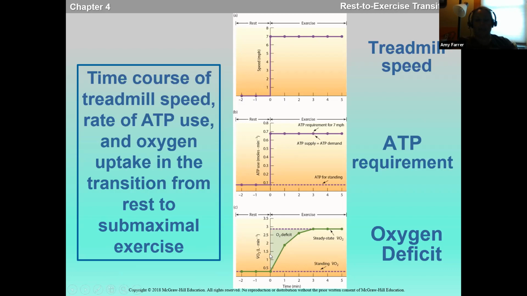There's going to be a lag here, and that's that oxygen deficit where it increases, but until we hit that steady state, a couple minutes into the activity, there's going to be that grayed out deficit. That is going to be important to come back to later because we're going to have to pay back that deficit.